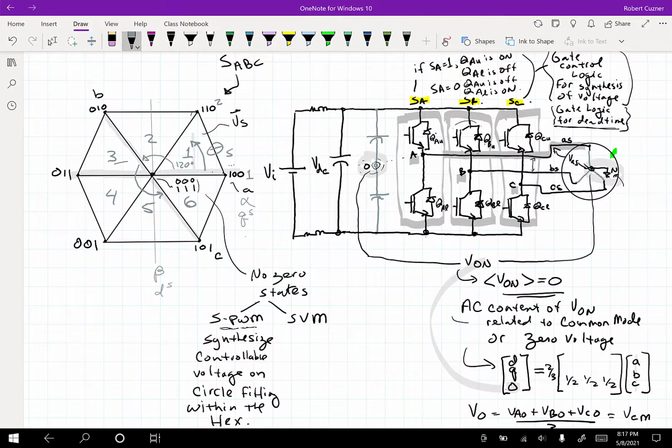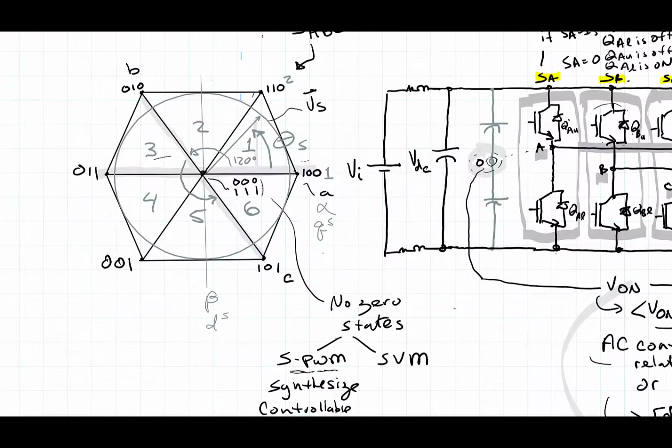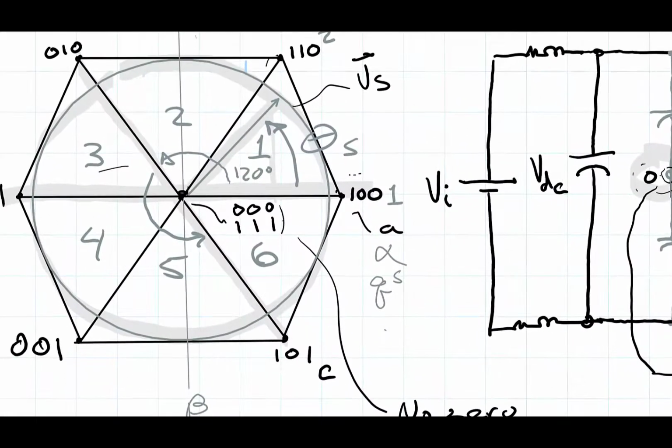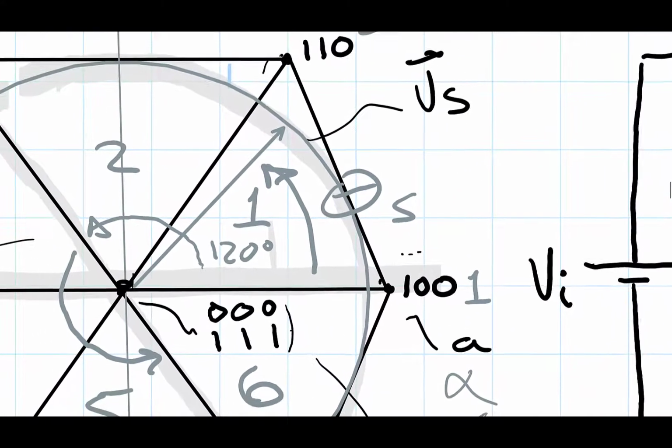So I'll try to represent what I mean by that. What I'm showing here is that I've got this circle inscribed inside of the hex. Here's your phase voltage Vs that you're trying to synthesize, and the amplitude of this arrow is reaching out to the end here.